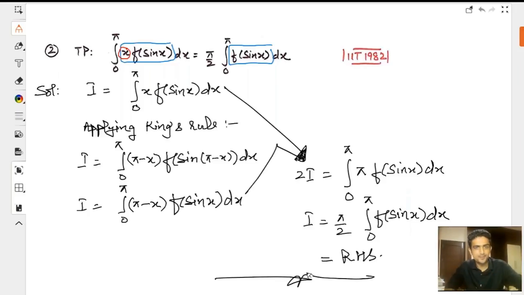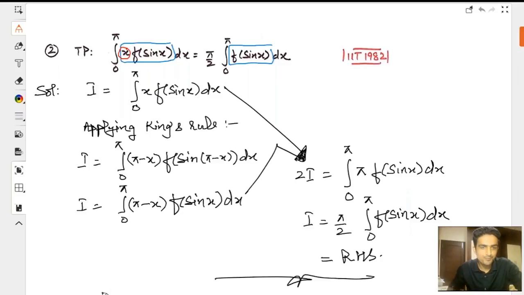Just have a look, go through the proof quickly. So we observed, we applied the property, we did addition, and x goes out of the picture.